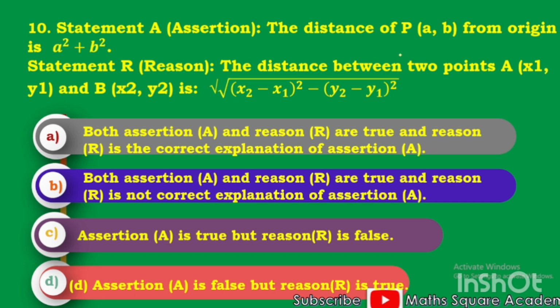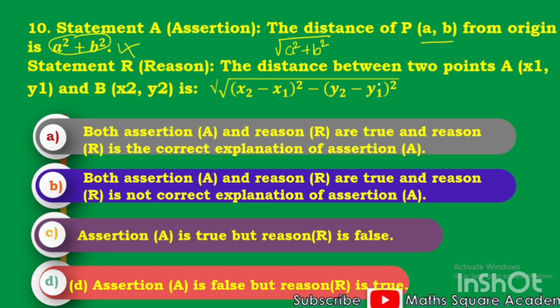If both are correct, you choose either A or B. If either one is false, you go for option C or D. First check: distance of P(A, B) from origin is A square plus B square. Is this right? We know the distance from the center to P is the square root of A square plus B square. But here the square root is missing, right? That is why this is false.